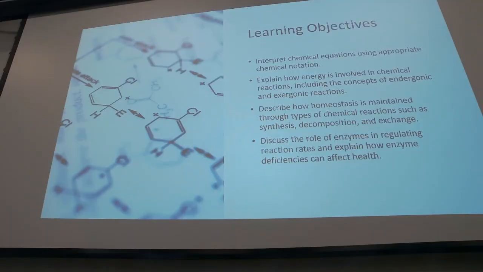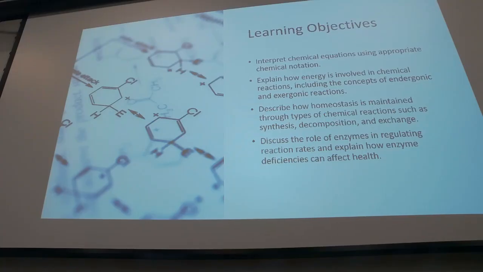We are also going to see some examples of chemical notations and what they mean. And then we're going to see the process of making energy, how we use it, and how that applies to homeostasis.